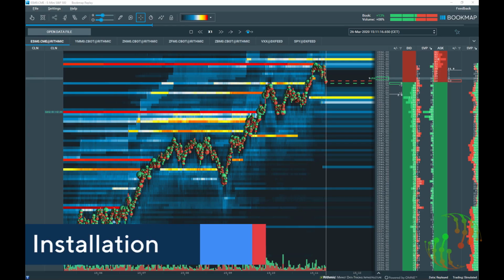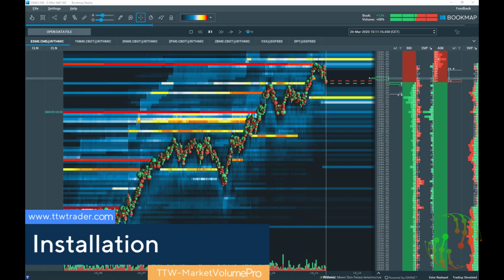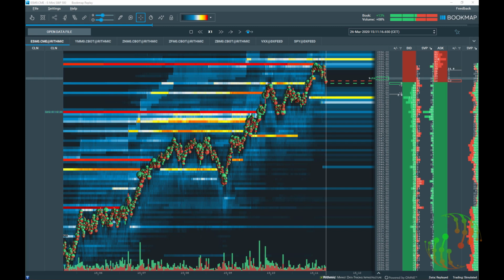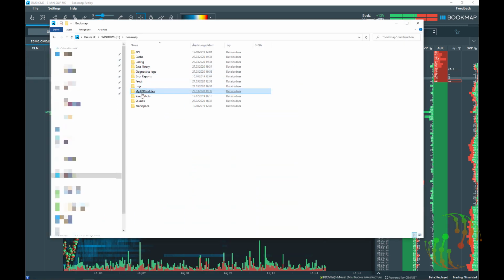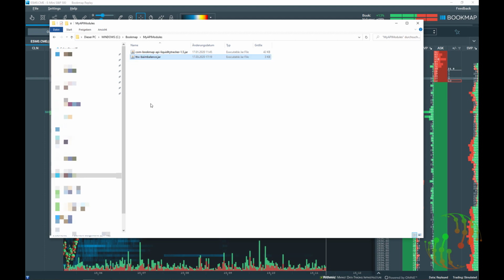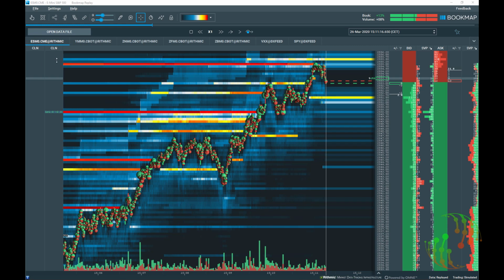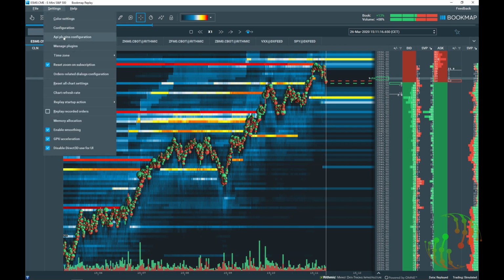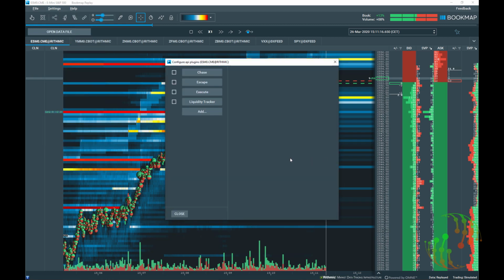Installation is easy. I will spend a few words on the installation of our indicator. After licensing, you will receive your own jar file licensed to your Bookmap copy. Copy the jar file in a directory of your choice. It is called TTW-BA imbalance jar. Open Bookmap, go to Settings, and select API Plugins Configuration.